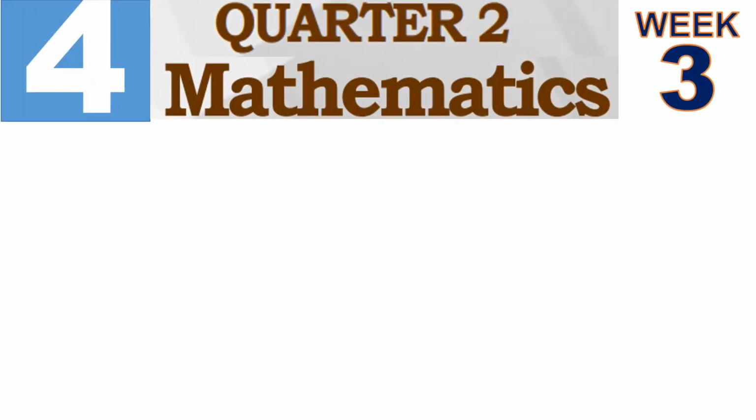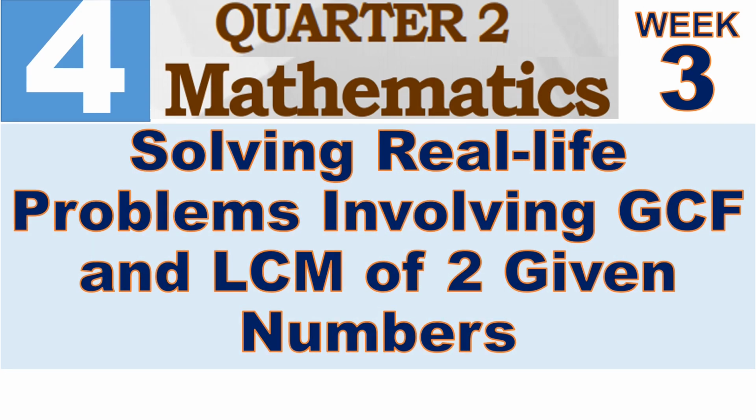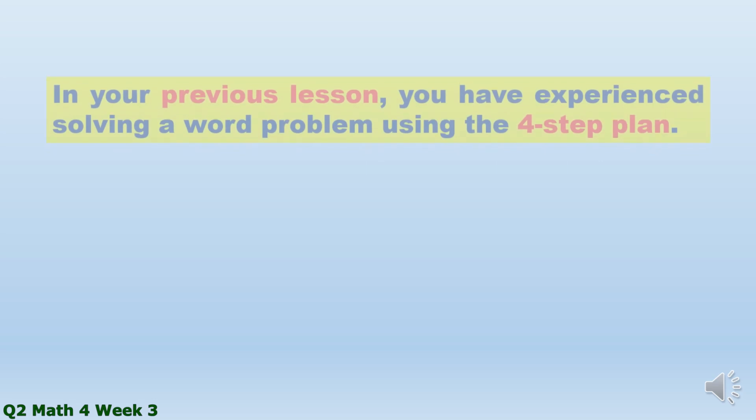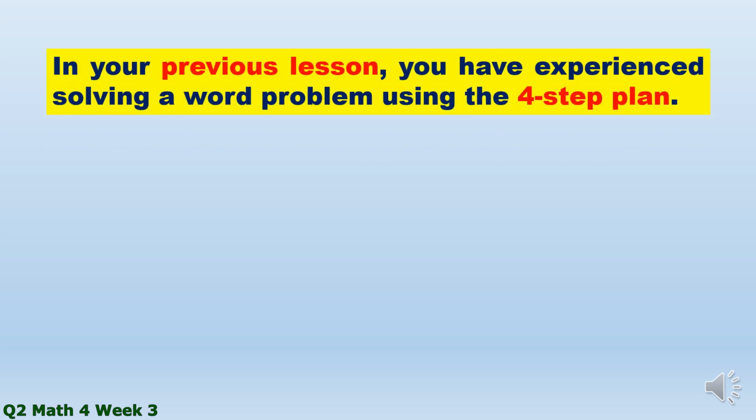Our learners, we are now in week 3, solving real-life problems involving GCF and LCM of two given numbers. In your previous lesson, you have experienced solving a word problem using the 4-step plan.